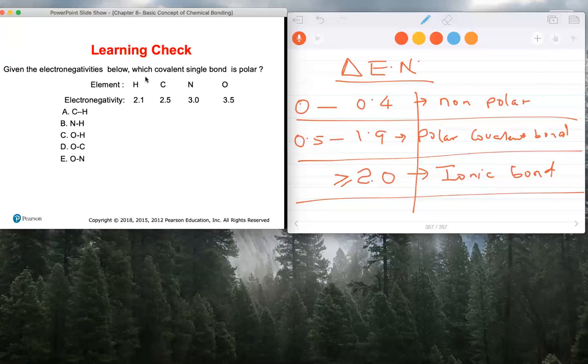With the initial definition of a covalent bond, a bond between two nonmetals, all of them are nonmetals, so we can't say they are not covalent. And all of them are single bonds. It's even confusing. What am I looking for?